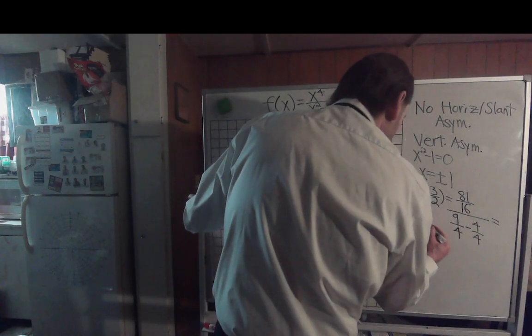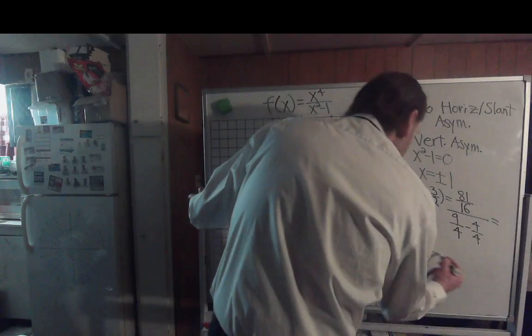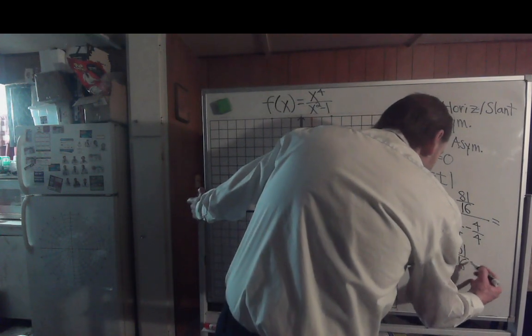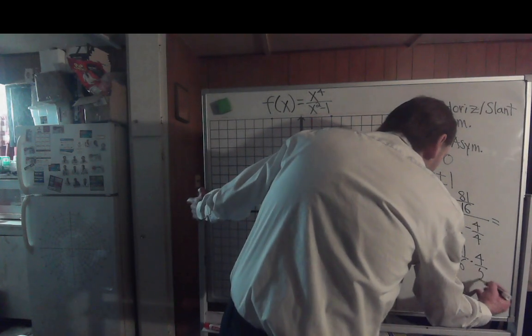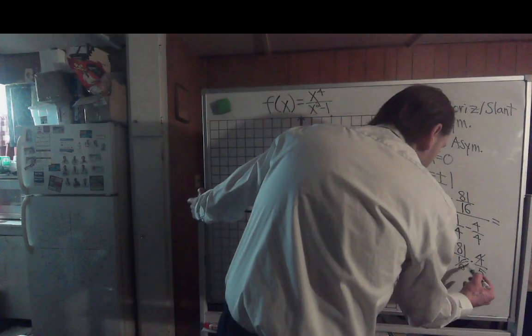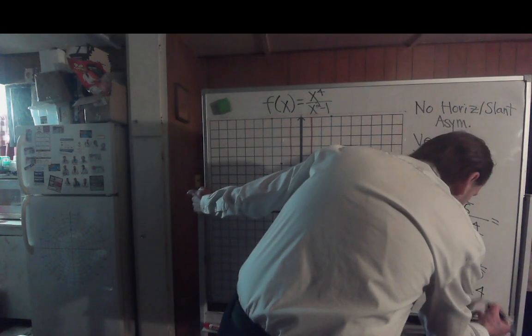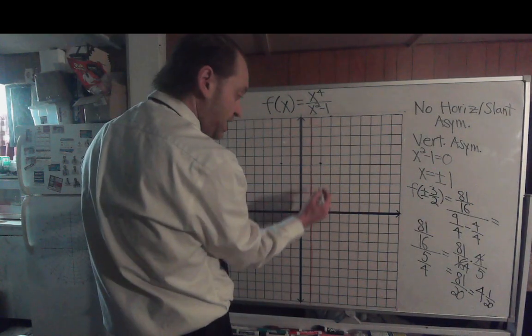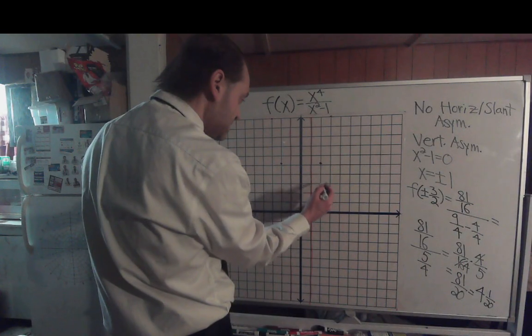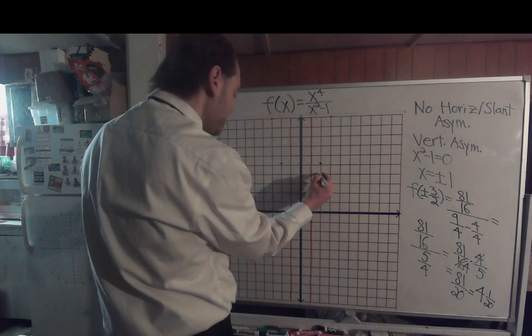So that would be 81 over 16 divided by 5/4, which would end up giving you 81/16 times 4 over 5, which would end up giving you 81/20, which would end up being 4 and 1/20. So at 1.5, both positive and negative, you're at 4 and 1/20.